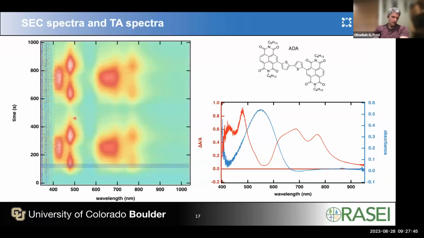And I don't know how everyone else in the center is recording this kind of data, whether you just go to one potential and record a spectrum, or if you do something more like this, where you record a spectrum at every potential. But I think, as a side note, it's worth discussing as a center how we want to do this, because exactly what spectra you get depends pretty strongly on where exactly you look at it.